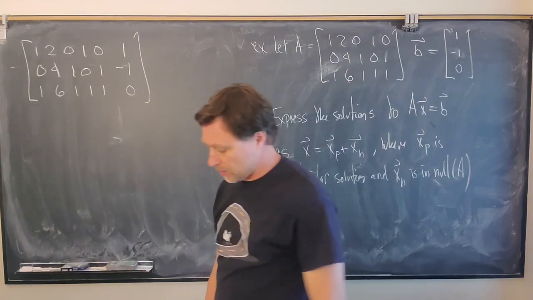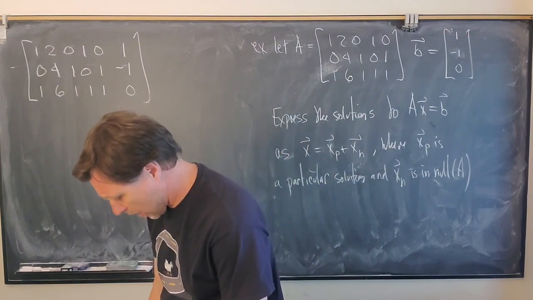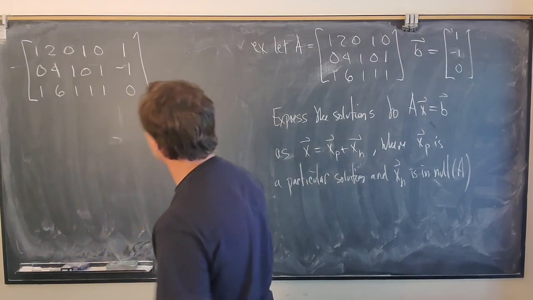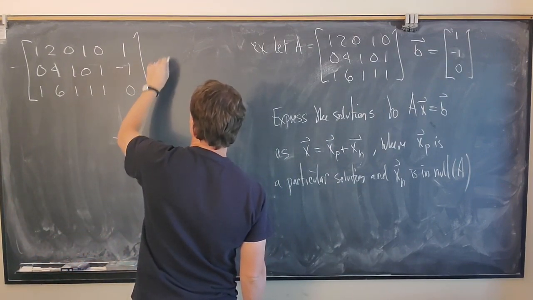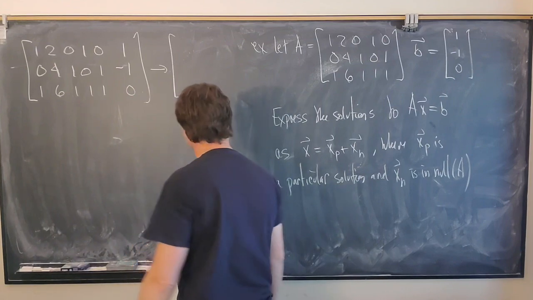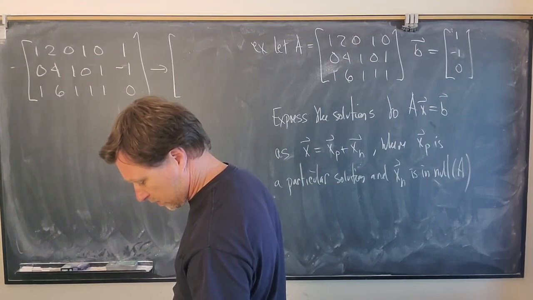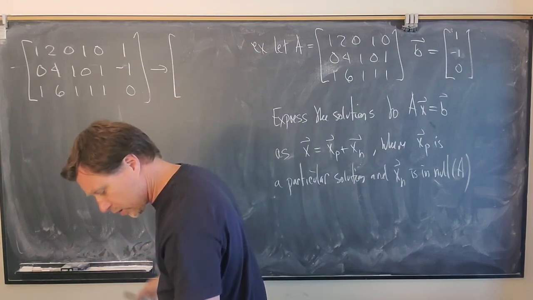Okay, so there's the augmented matrix. And if you go through the row operations, here's what you end up with. It's got some fractions in here, unfortunately, but that's okay.